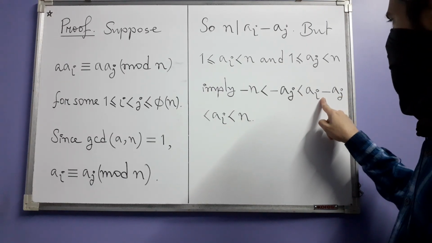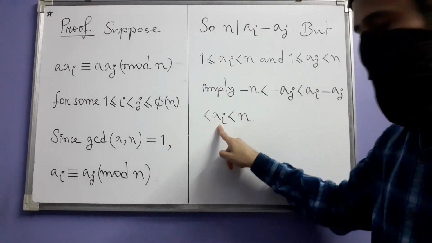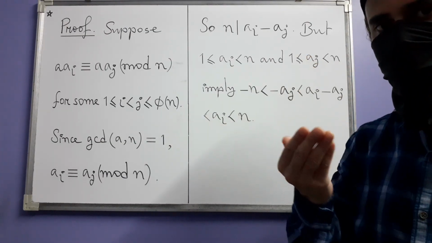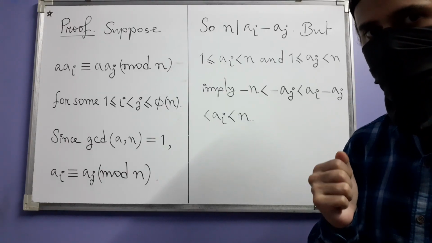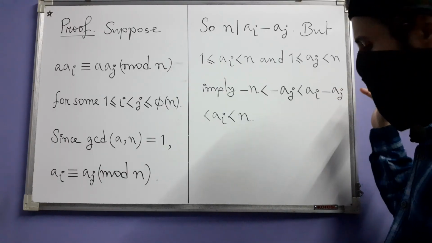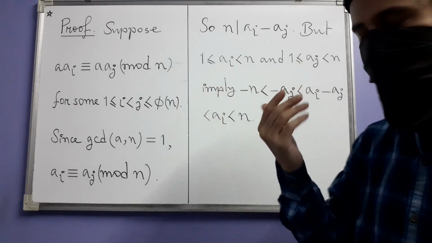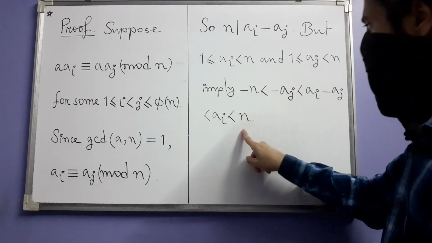This one, however, is itself less than ai. Why? Because aj is positive. So if you are subtracting a positive integer from something, that gets reduced. If you don't subtract, then that means that is larger. And ai itself is less than n.